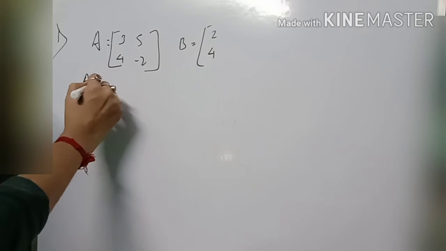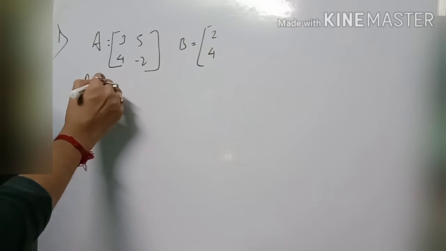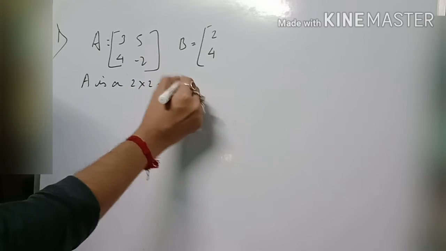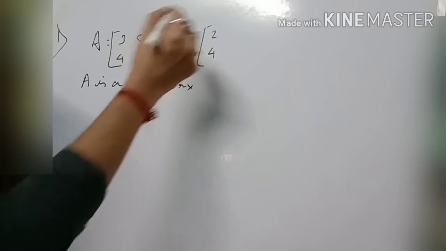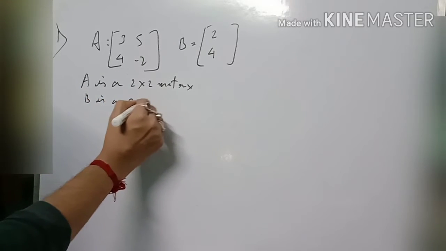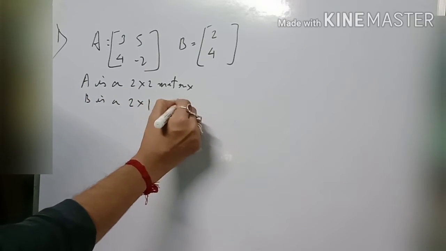A is a 2 cross 2 matrix and B is a 2 cross 1 matrix.